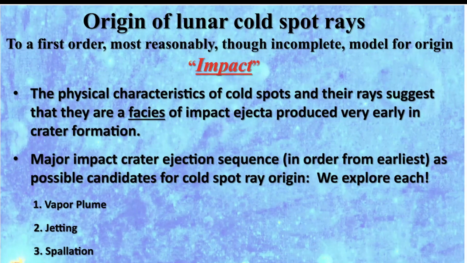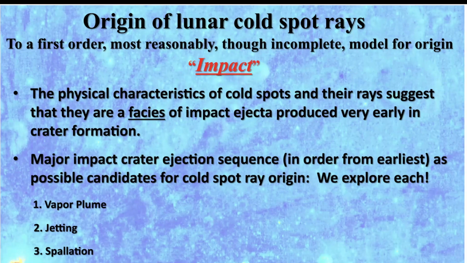The physical characteristics of cold spots and the rays suggest they're just another aspect of the crater impact process, or facies of the impact ejecta. And this would be produced early in the formation because cold spot rays underlie, or are superposed by, regular rays.